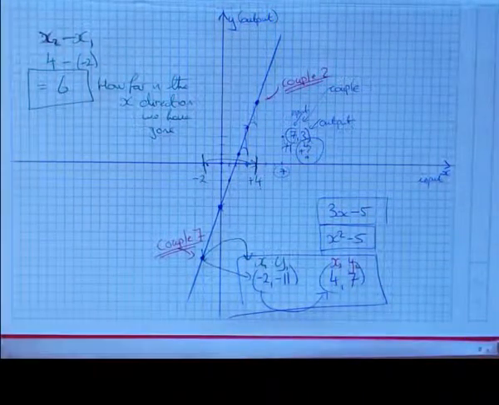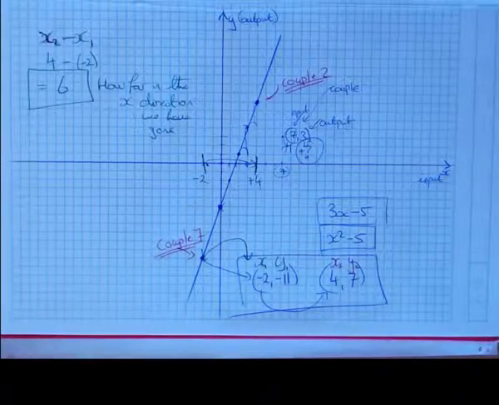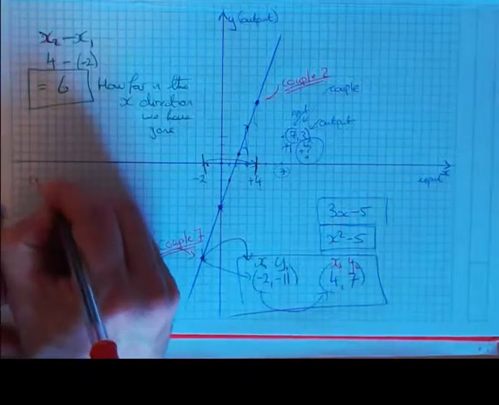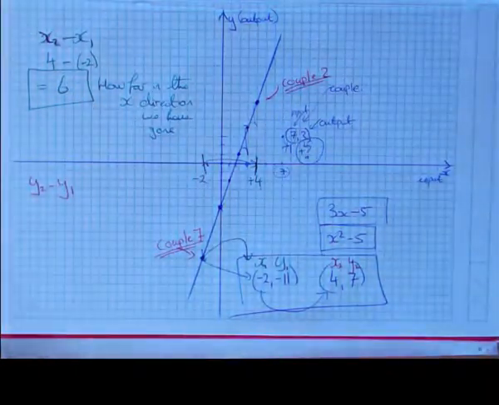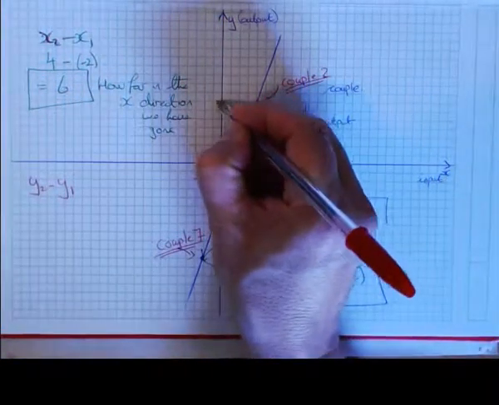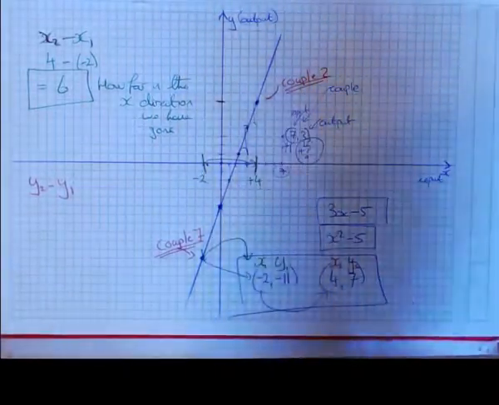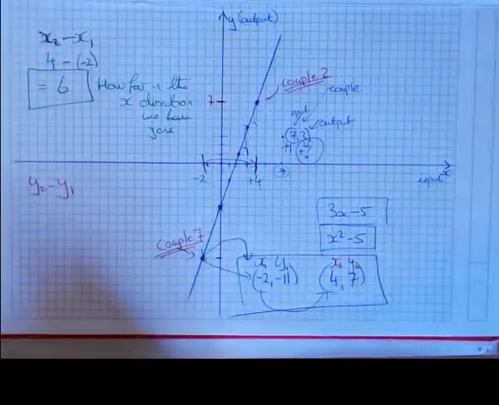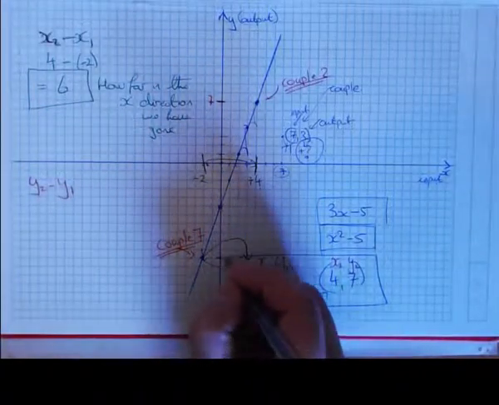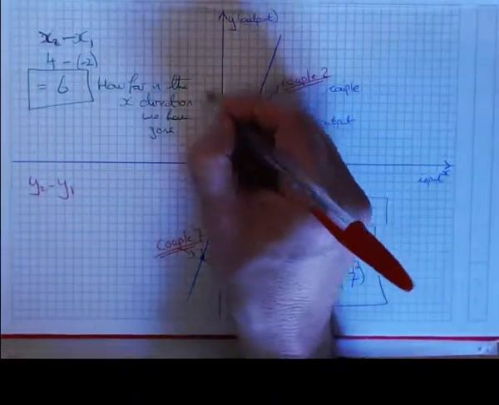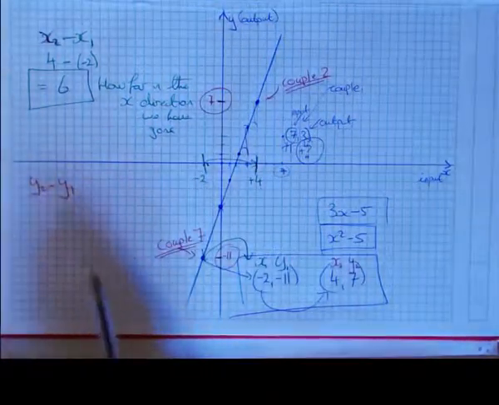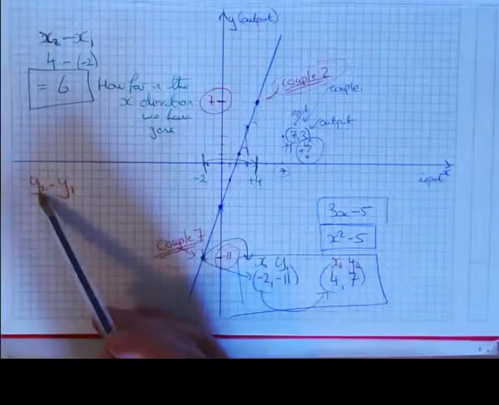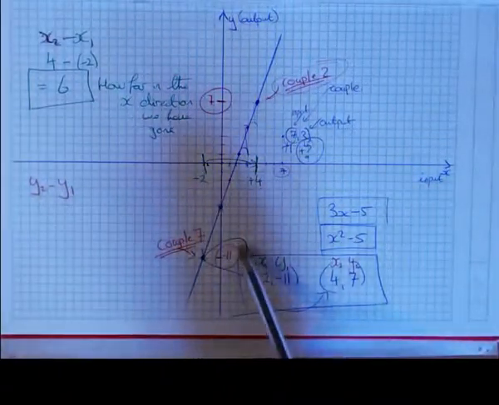This is straightforward enough. It might seem a little bit complicated because we're introducing using labels. What do you think y2 minus y1 tells us? Well, y2 is of course 7. y1 is -11. And y2 minus y1, so it's the y value of couple 2 minus the y value of couple 1.